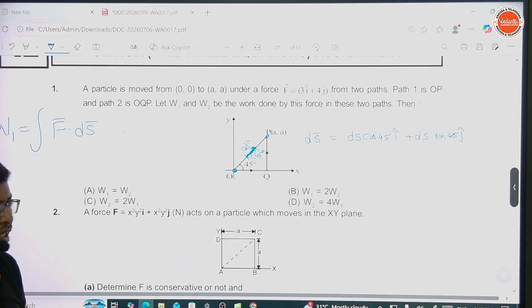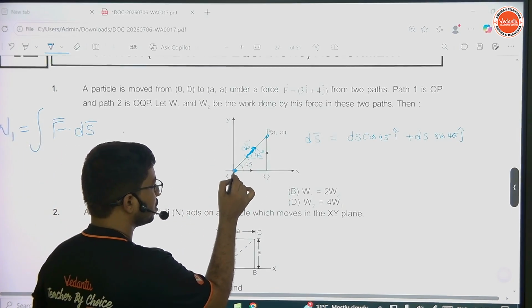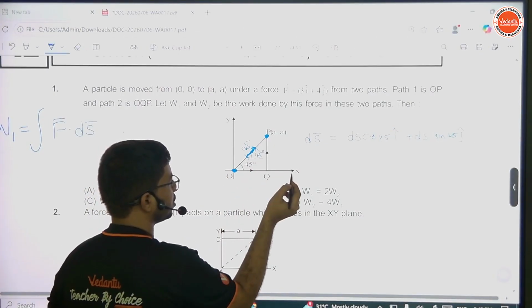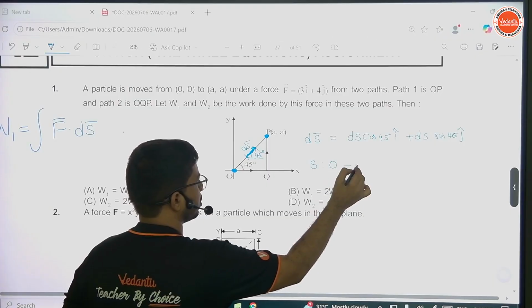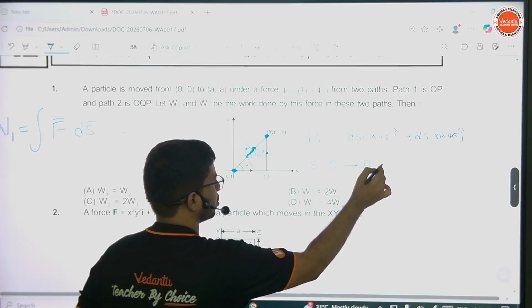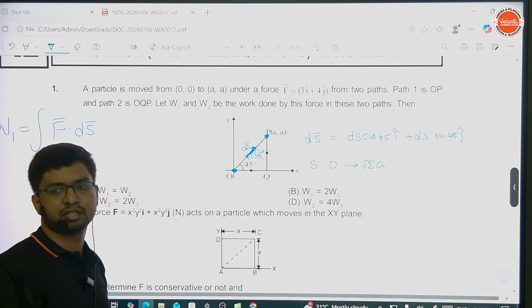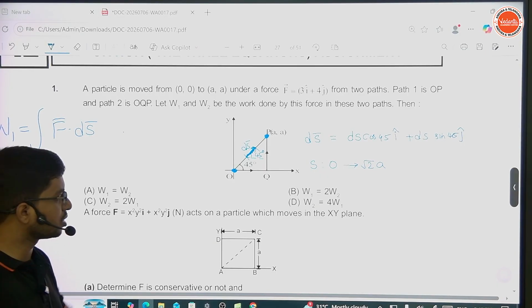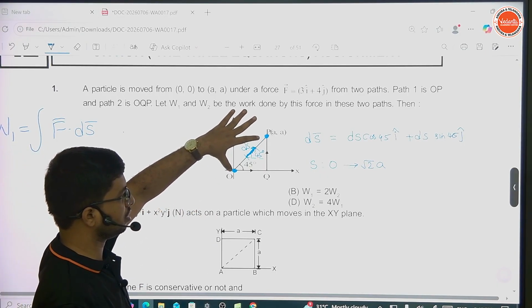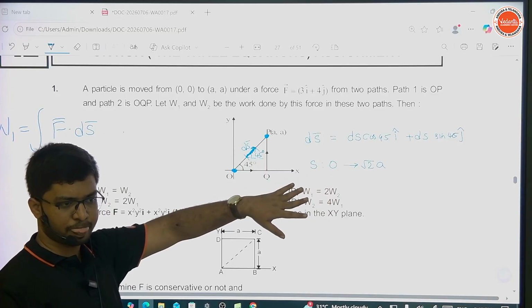Getting the point? Right? And starting from O to P, the total length is root 2a. Clear?